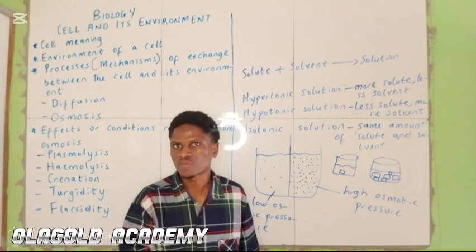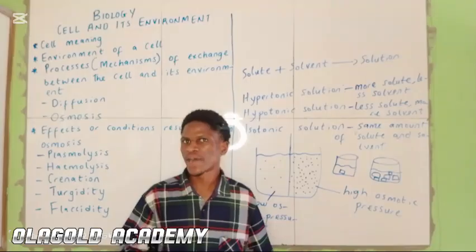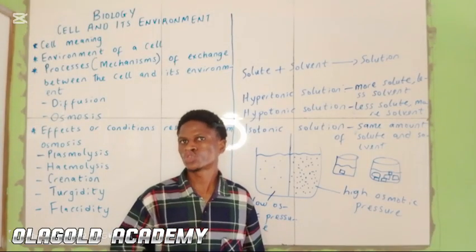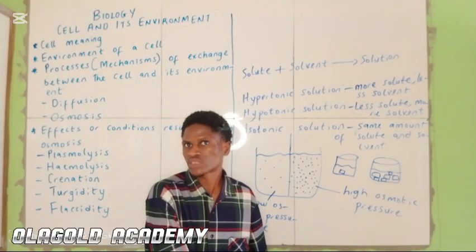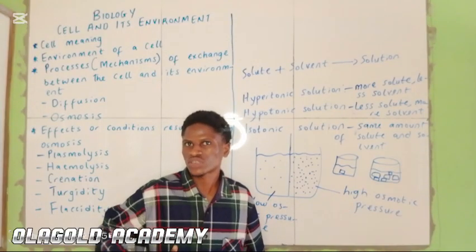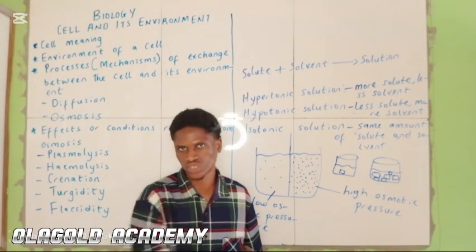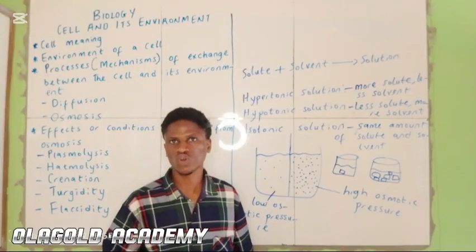So what happened there? Is that exosmosis or endosmosis? Remember, water molecules are moving from the plant cell to the hypertonic solution where there is less water. So it is the outward movement of water. So it is what? Exosmosis.